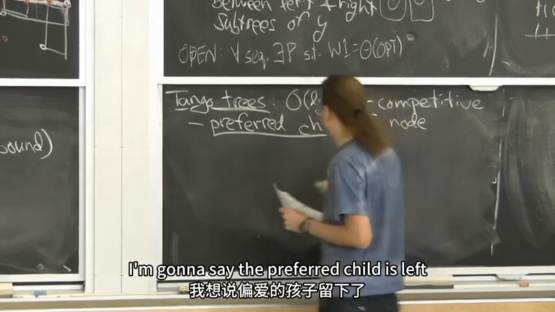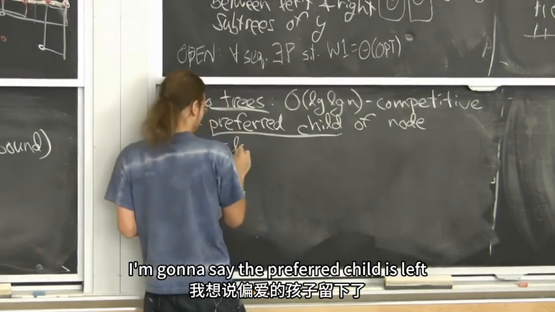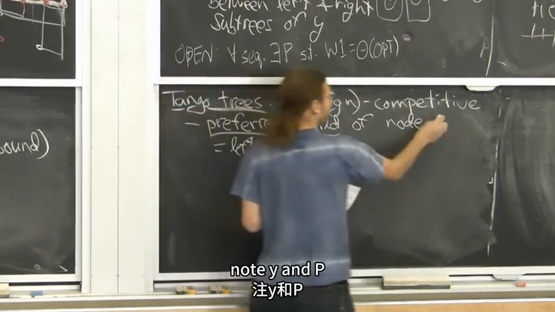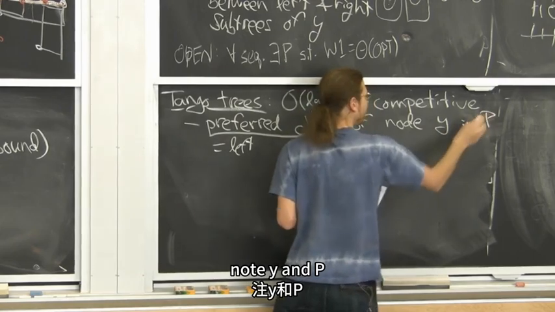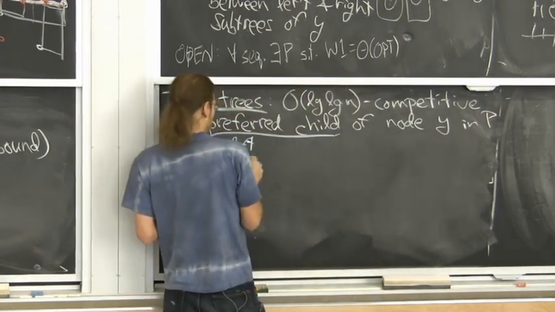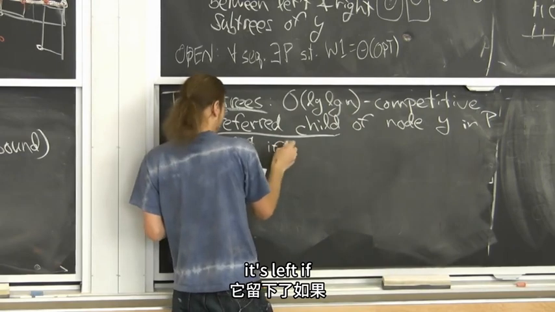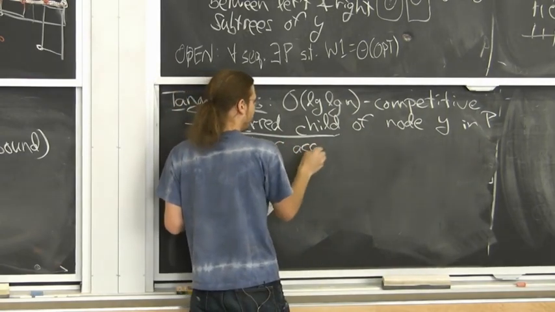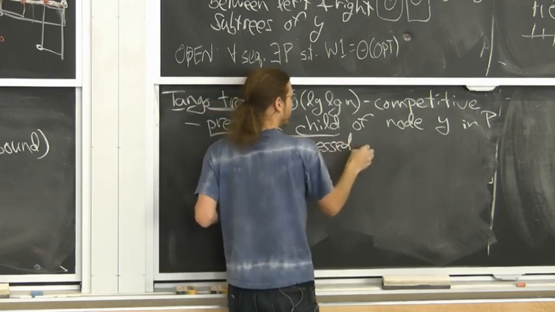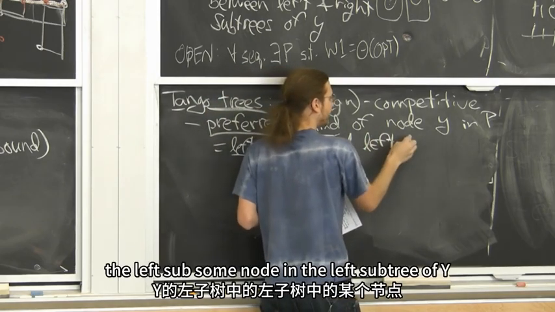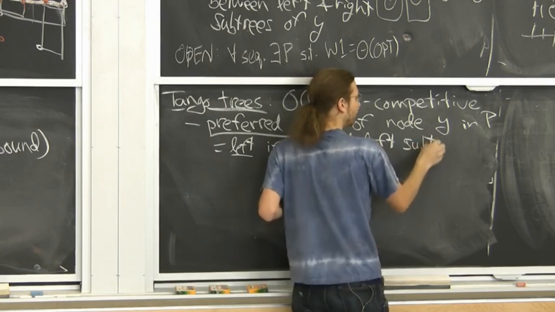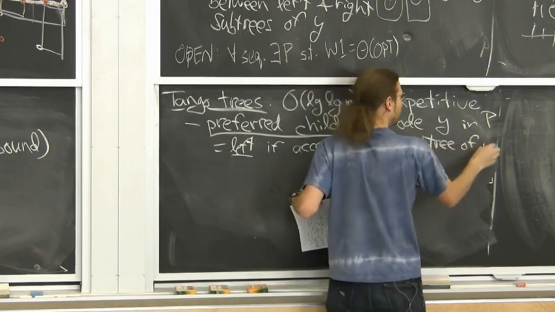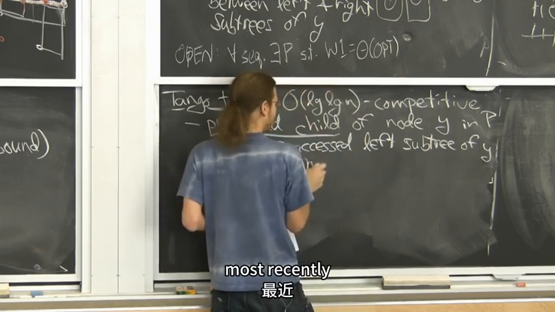I'm going to say the preferred child is left, let's see, for node Y in P, it's left if we accessed some node in the left subtree of Y most recently.